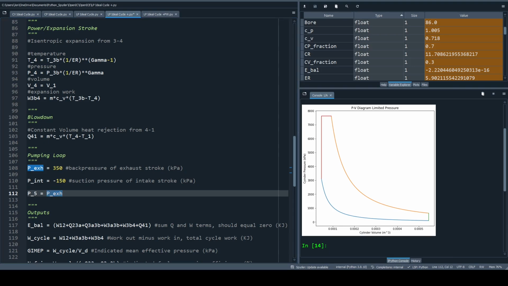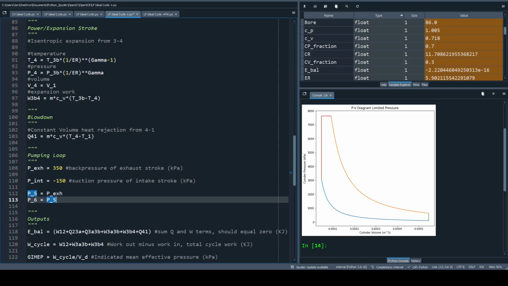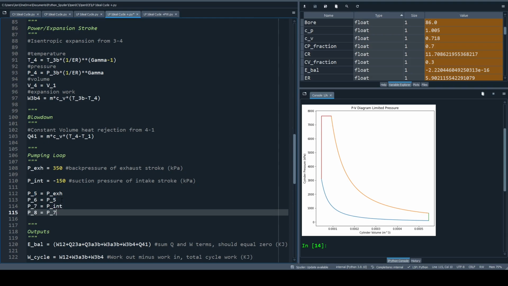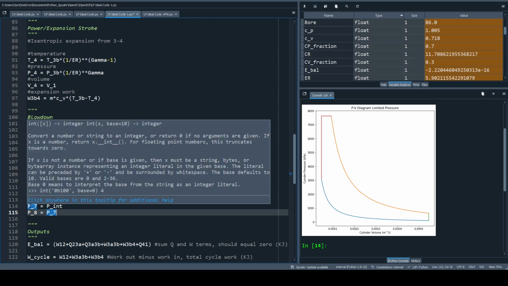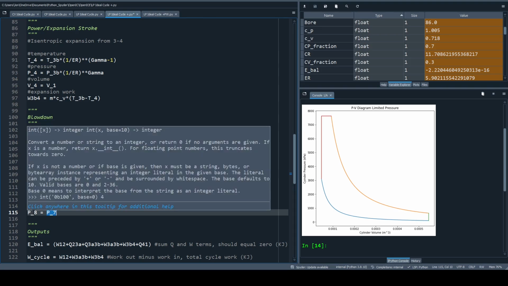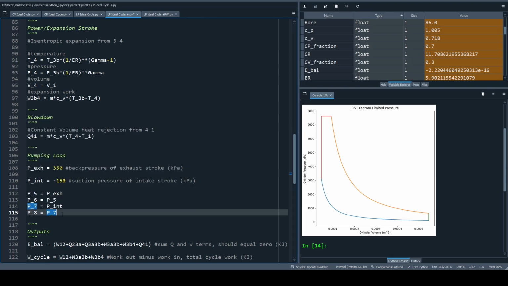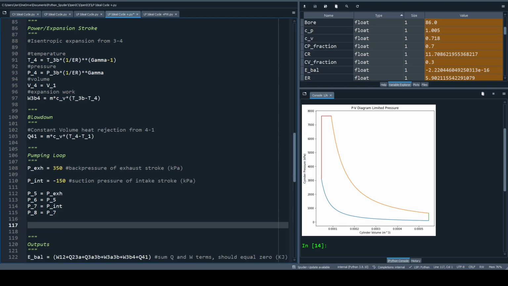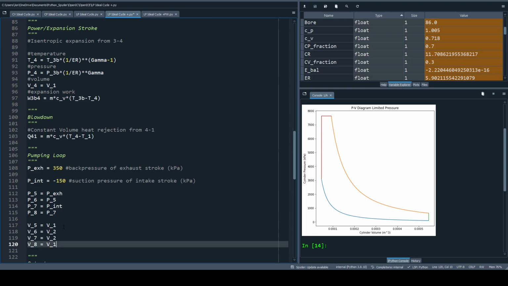From there, P6 is just going to equal P5, and then we're going to have P7 and P8, and both of those are going to be at the intake pressure. So they're going to drop from the exhaust back pressure down to the inlet restriction intake pressure. So we have our pressures. Then we've got to throw a bunch of volumes up here to complete the PV diagram.